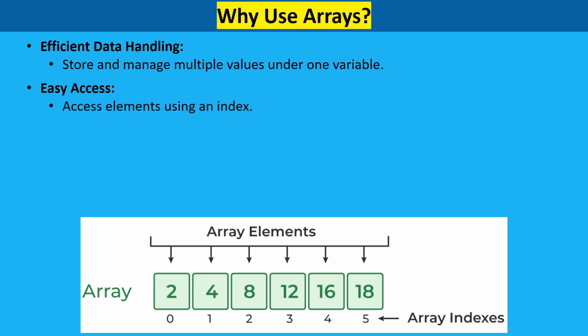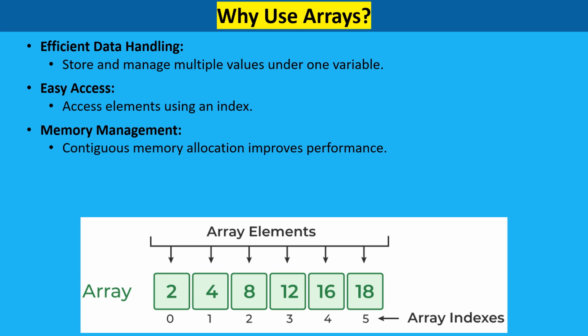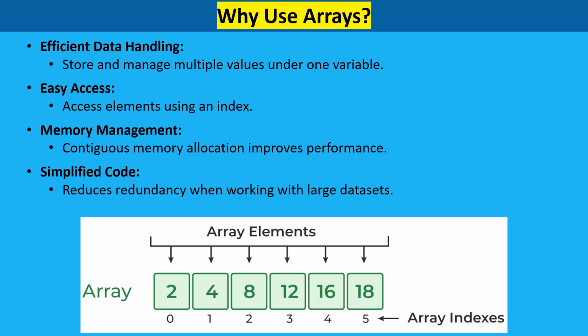Arrays also improve performance by storing data in contiguous memory locations, which is faster to access. And this one is telling us to start from 0, right, and reach up to 5. These are 6 elements of the array.